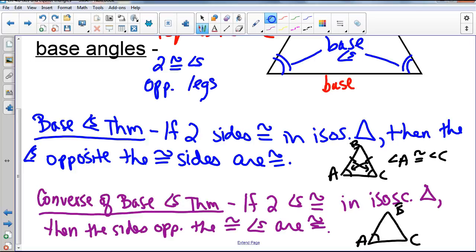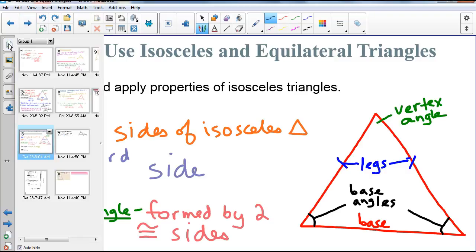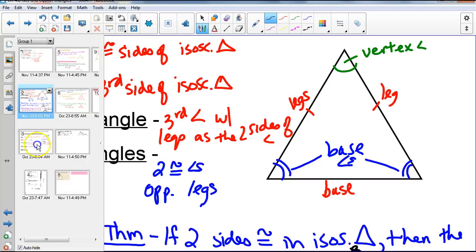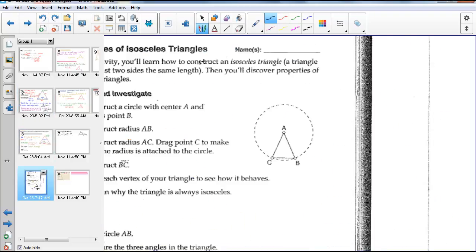And it's saying if you know the base angles are congruent, then you know its opposite sides are congruent. So AB is congruent to CB. Okay. Those are the answers we just did.